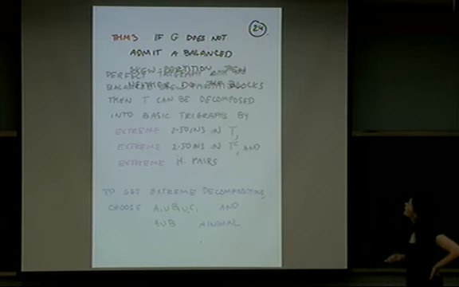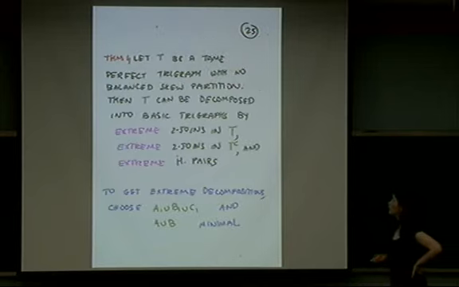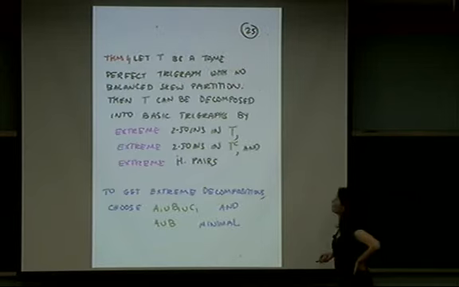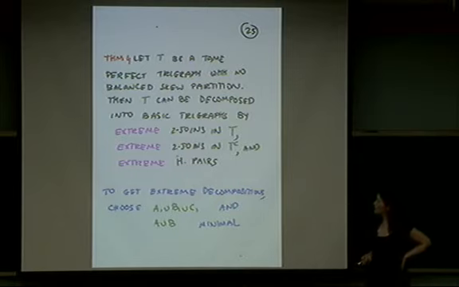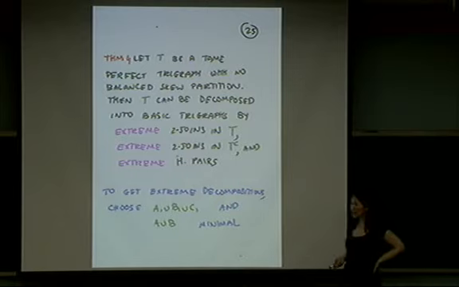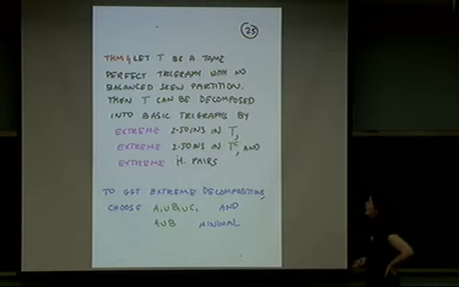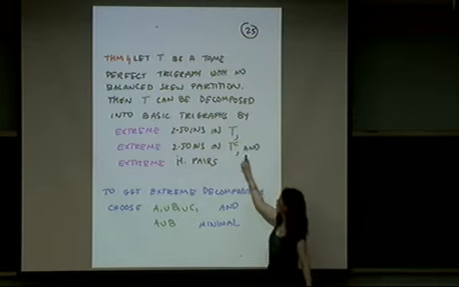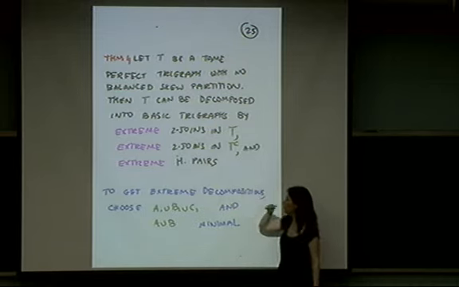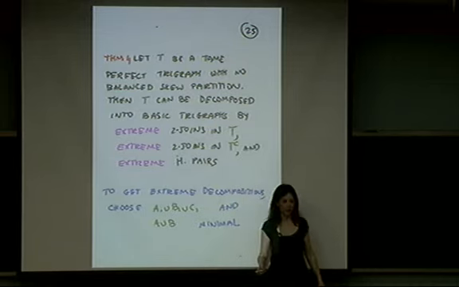Okay, so now we get the theorems that we wanted. I start with the same perfect trigraph with no balanced skew partition. And then I can decompose it all the way down to basic trigraphs by extreme two-joins in the complement, or extreme homogeneous pairs.